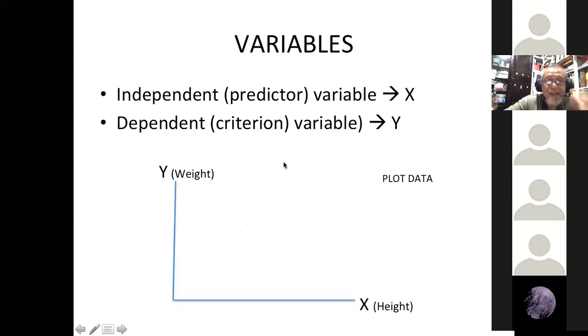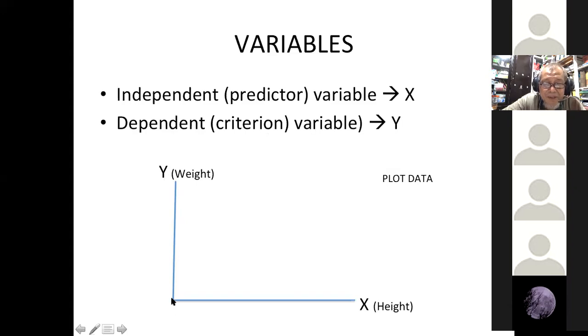Now let's see when we draw a scattergram, or we call it scatter plot. When we plot all the data into the graph, then we have this scatter graph. And then look at the line. The vertical line is called the Y, the dependent variable.